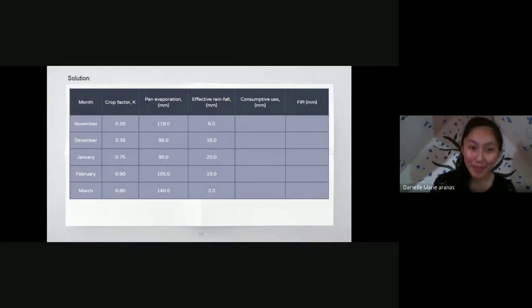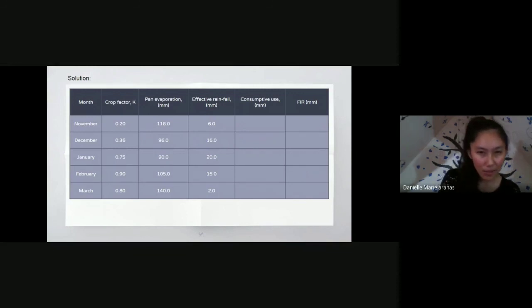It is by multiplying the crop factor to the pan evaporation, correct? So we're going to try November. 0.20 times the 118, and we are going to get 23.6.